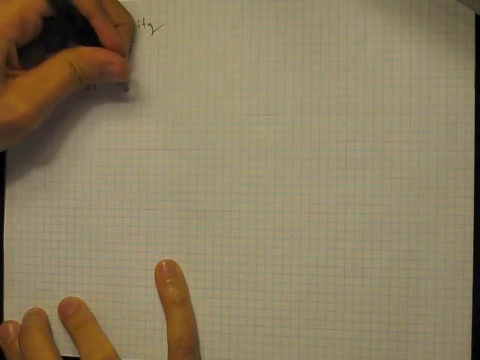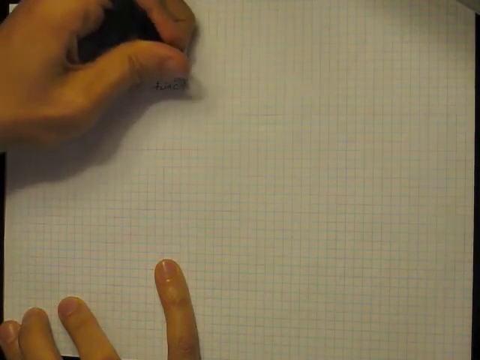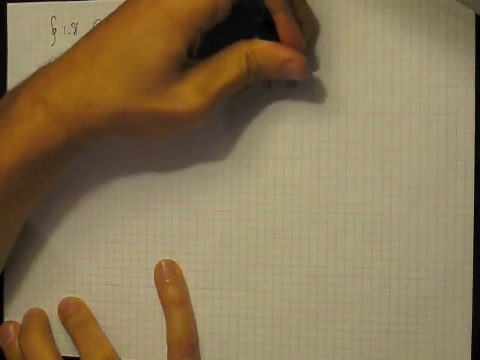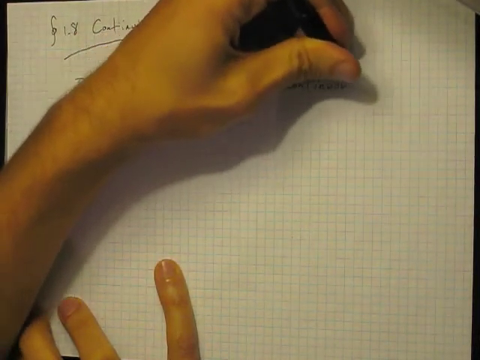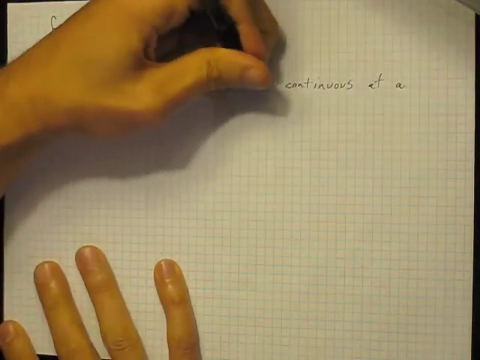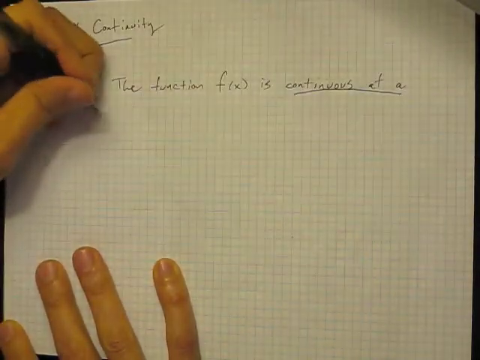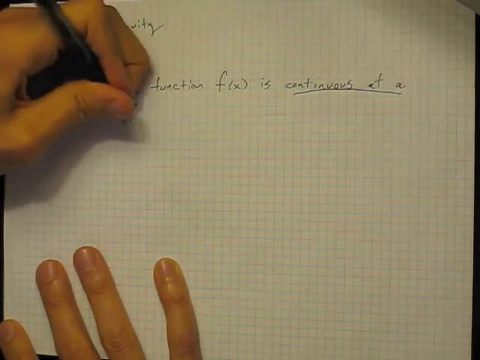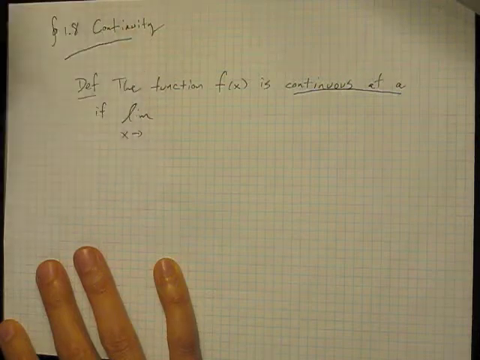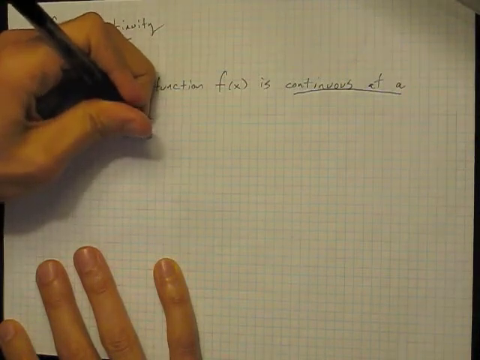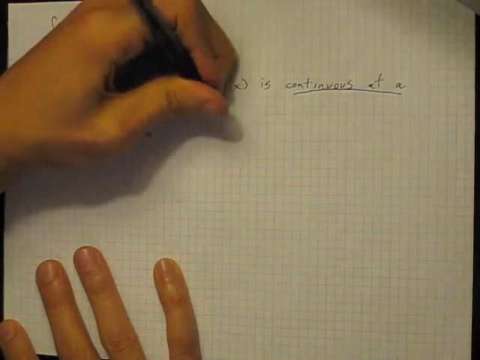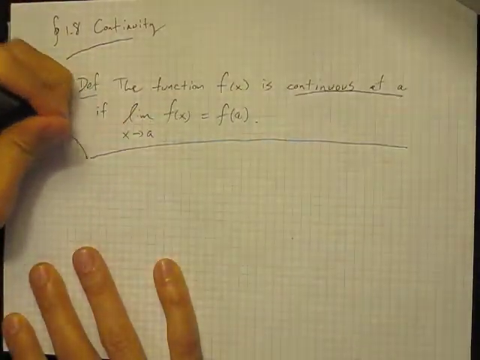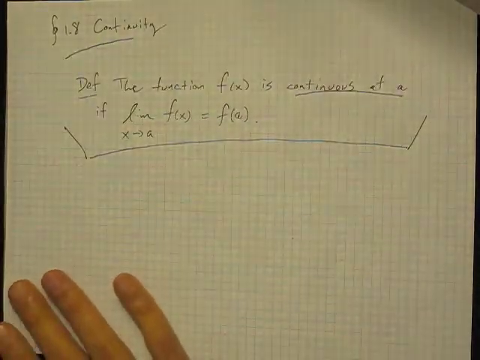A function f(x) is called continuous at the value a if the following condition is true: that is, if the limit as x goes to a of f of x is equal to f of a. Okay, that's the definition. So learn that definition.